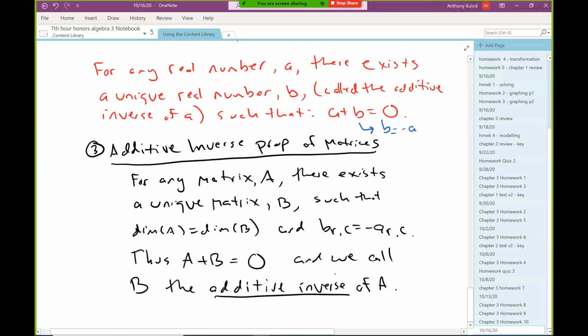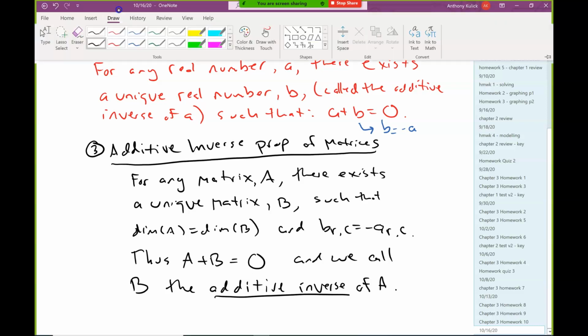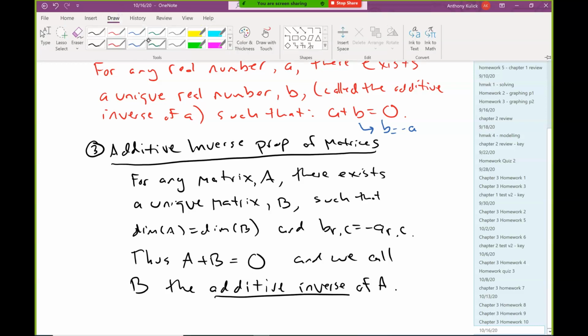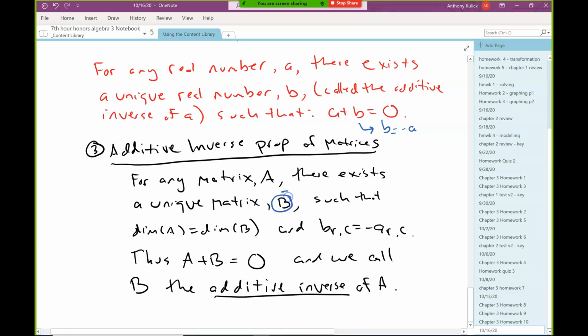So we'll call B the additive inverse of A. And I heard a suggestion here of a symbol that we can use to refer to B. Somebody suggested we call B negative A. That's the symbol that we'll give it, just like we did for real numbers.